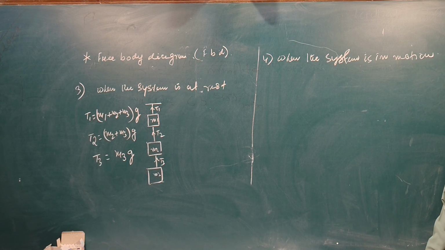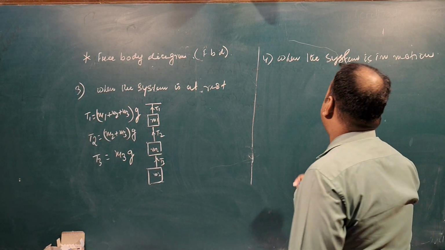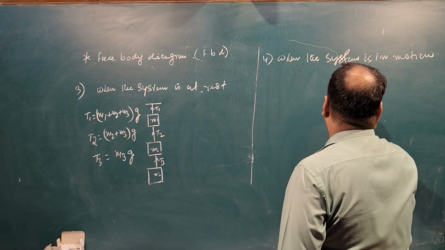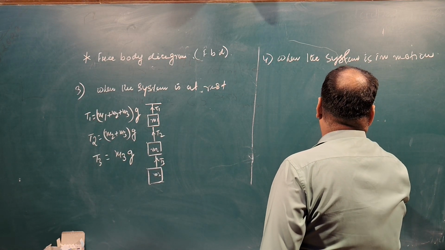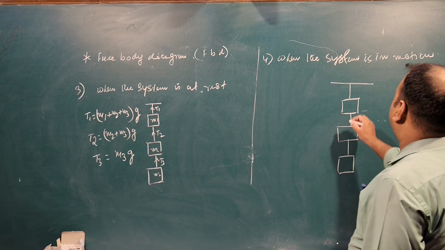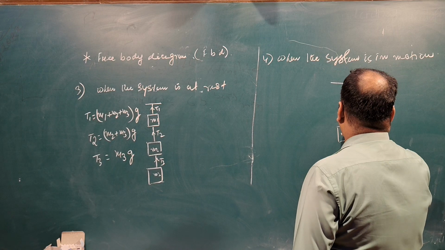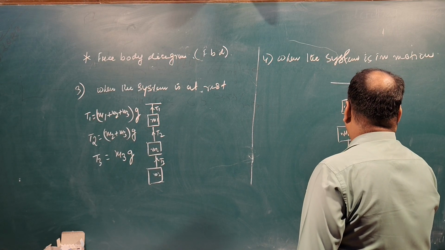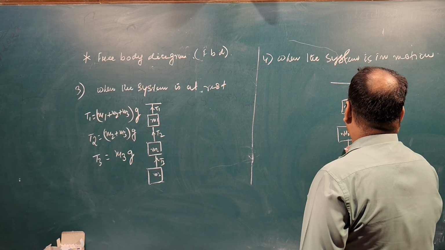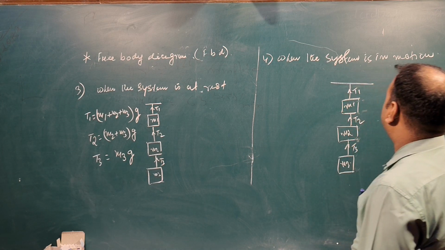In this case, the diagram will be like this only. Here it will be M1, M2, M3, and T1, T2, T3.